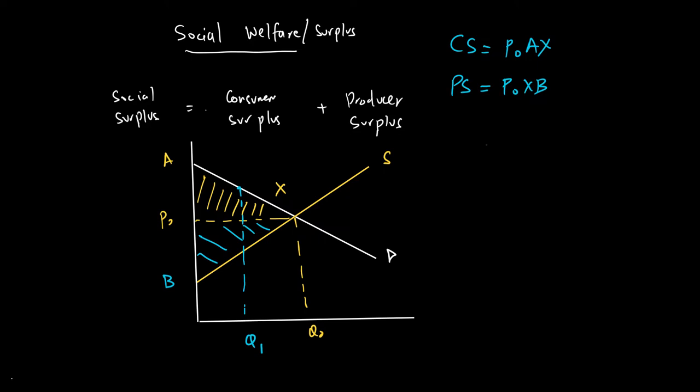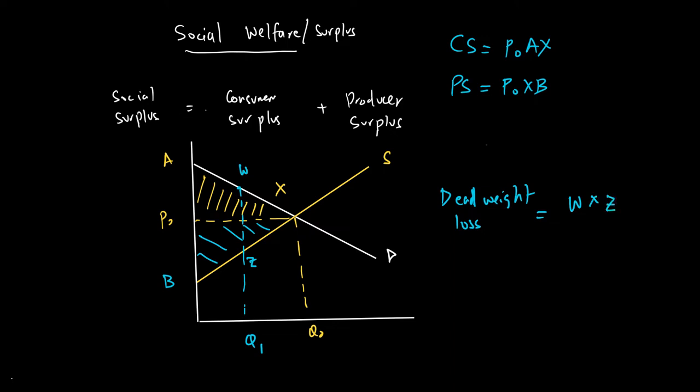If I end up producing Q1, my deadweight loss will be, let's call this W and let's call this Z, so my deadweight loss, or social welfare loss as we call it, will be WXZ, right?